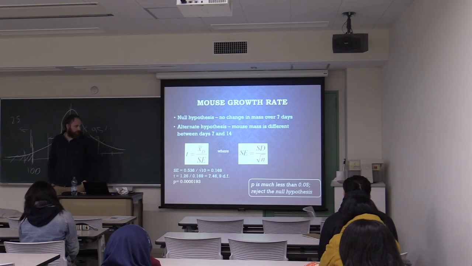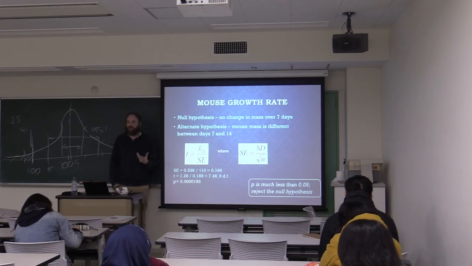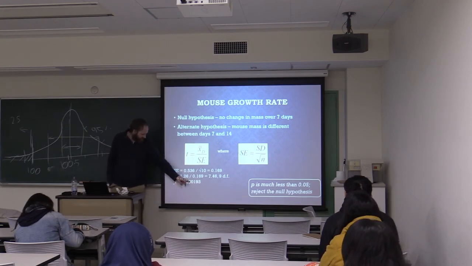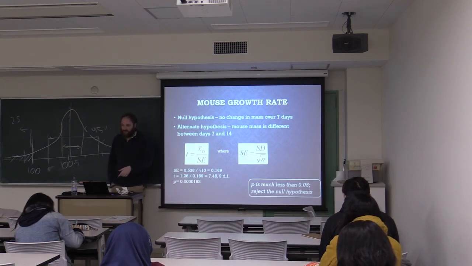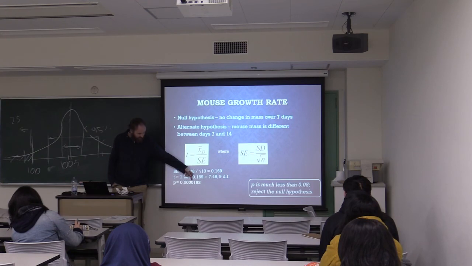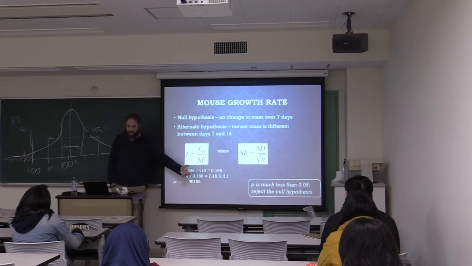Our p-value is so small that the difference in mass between day 7 and day 14 is unlikely to be a result of chance. It's almost definitely not a result of chance. That would be a 10% chance it's random, 1%, 0.1%, 0.01%, and our value is a really small chance.